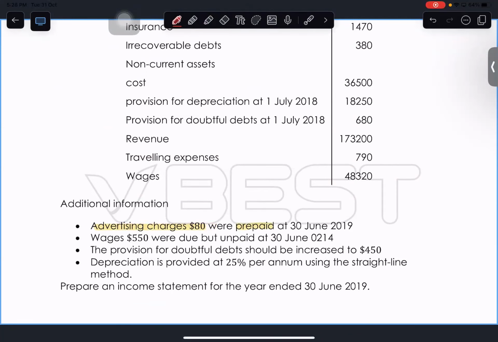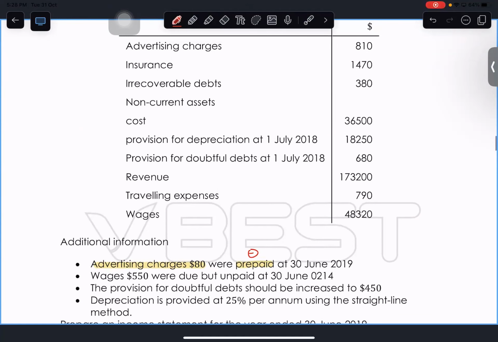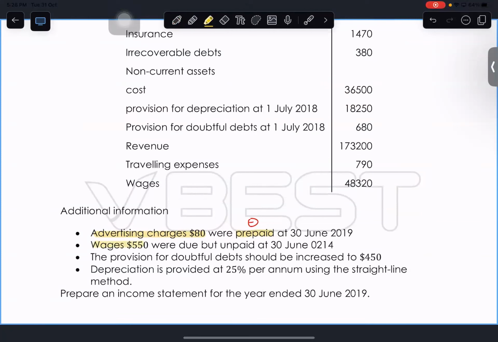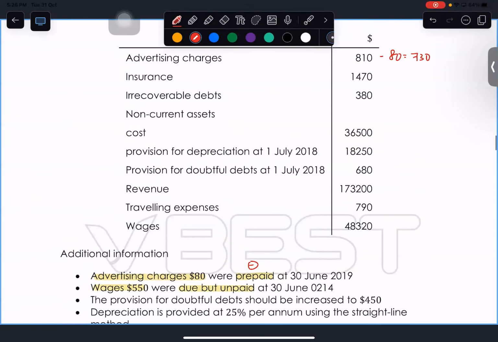If we have prepaid, we have to minus 80 here, so 730. Then wages 550 were due but unpaid. Due but unpaid means accrued, so it will be plus.